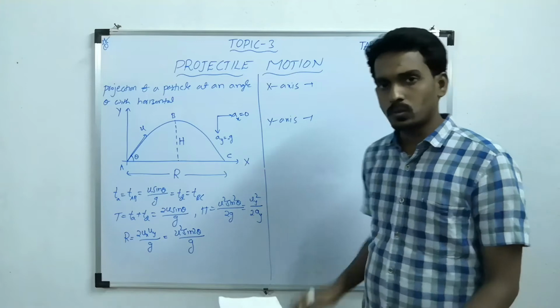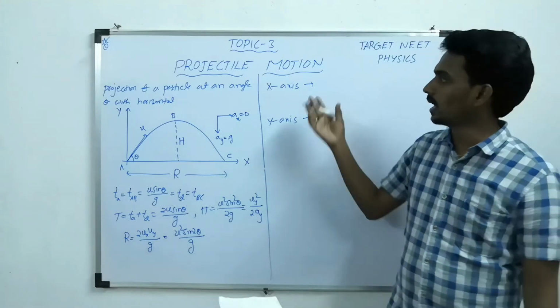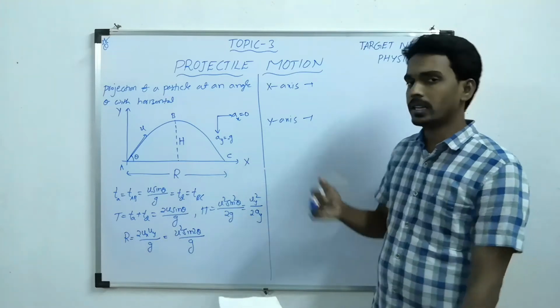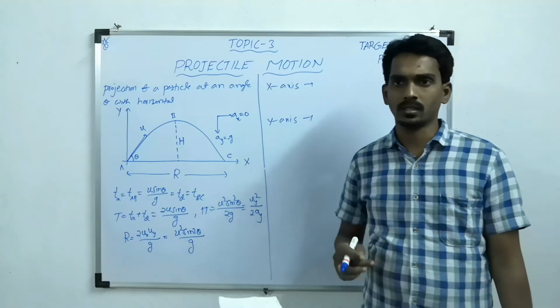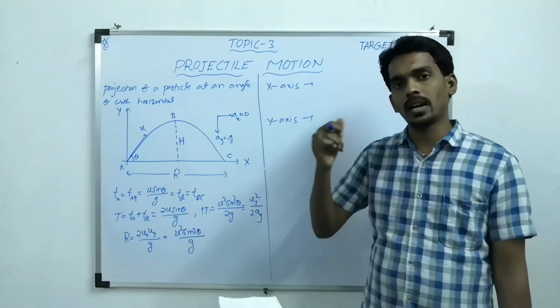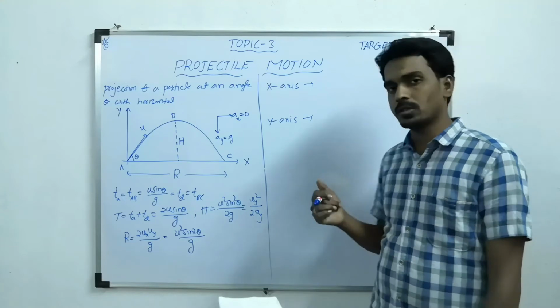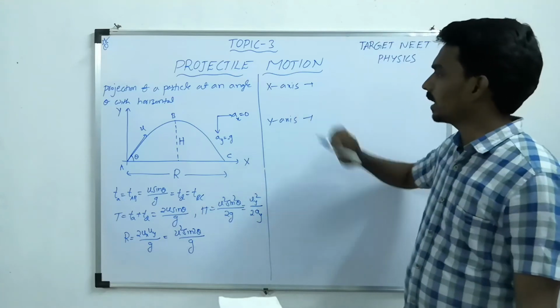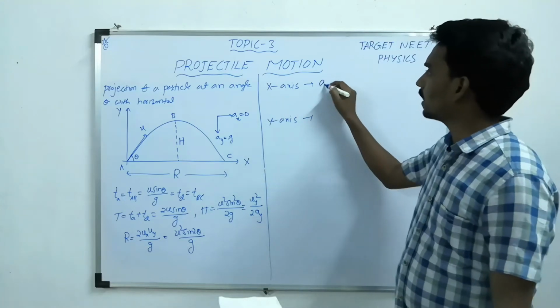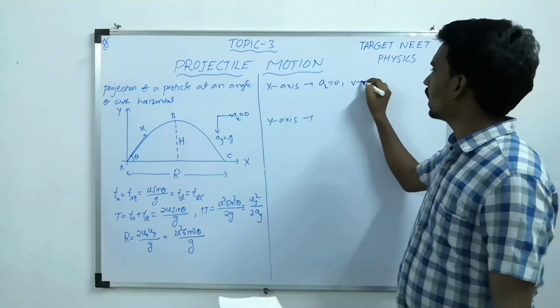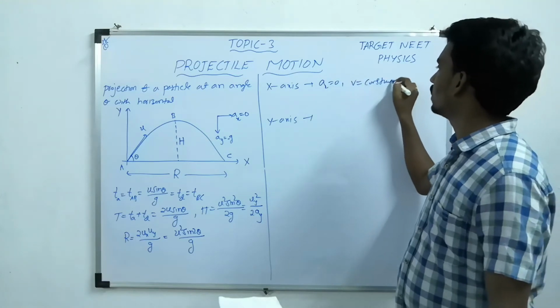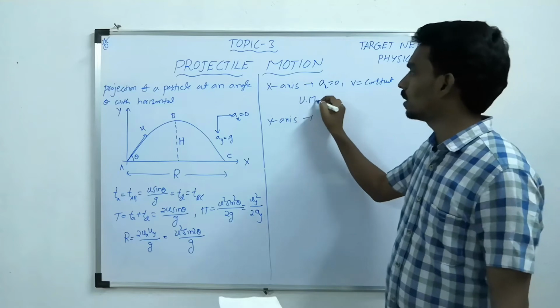Then write what the initial values along x direction are and what the initial values along y-axis are, and specify the motion along x-axis, specify the motion along y-axis. Like x-axis, if you consider, acceleration is 0. So velocity remains constant. So what kind of motion will it become?